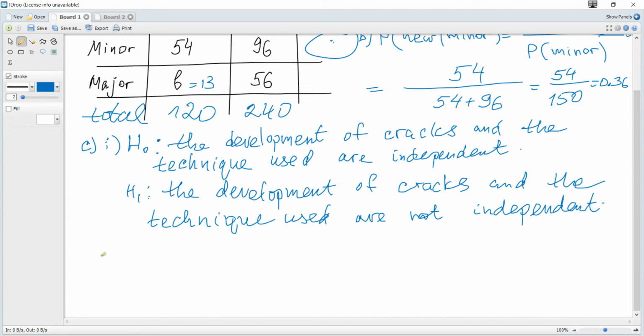Then find the p-value, 2 marks, and then state the conclusion of the test in context, justifying your answer, also 2 marks.